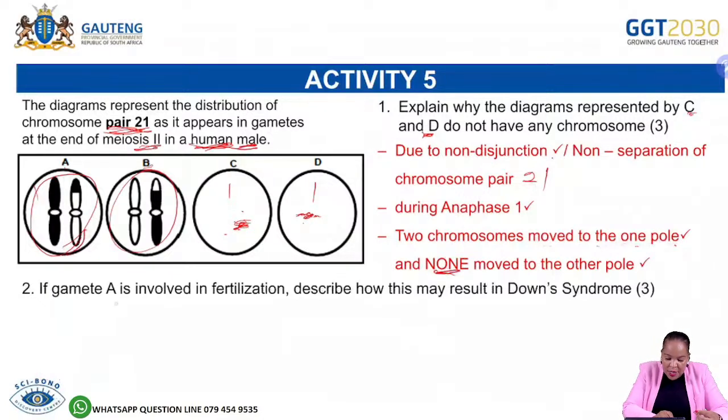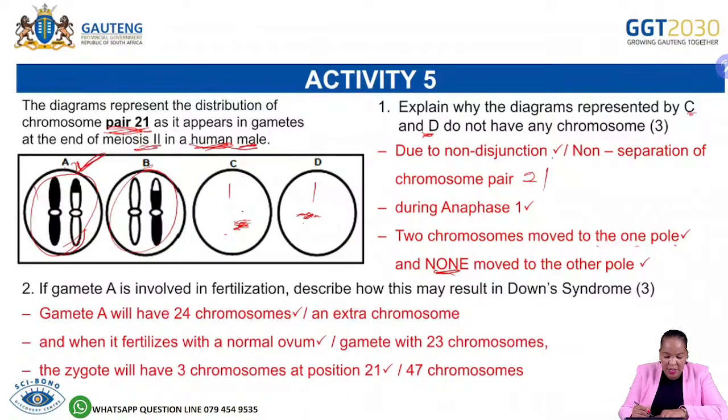Then, if gamete A is involved in fertilization, describe how this may result in Down syndrome. You see now there's an extra chromosome there. Gamete A will have 24 chromosomes, because there's an extra one.